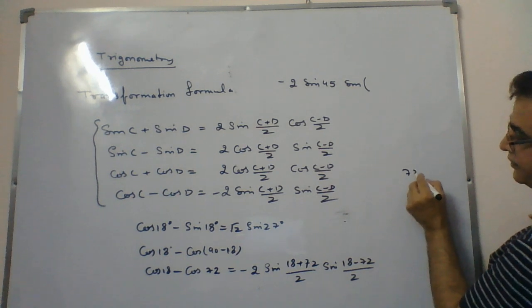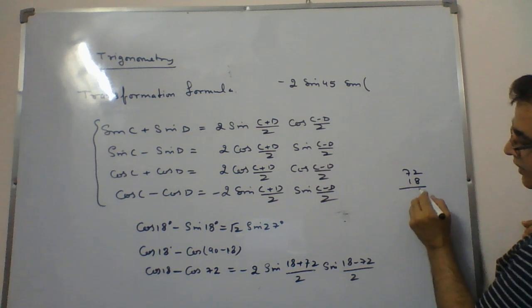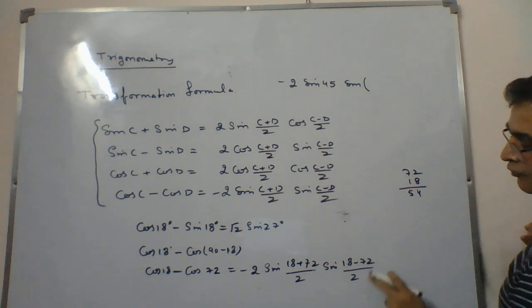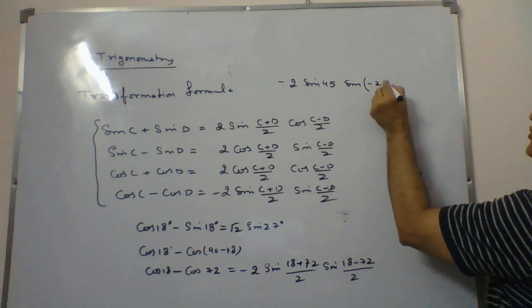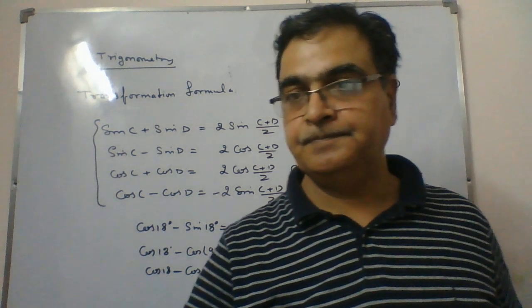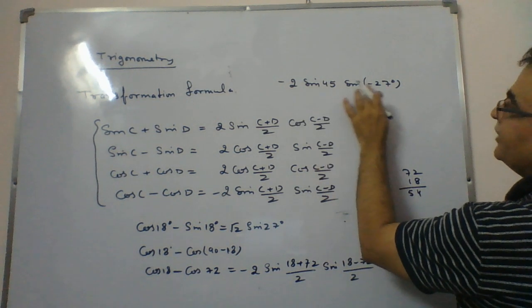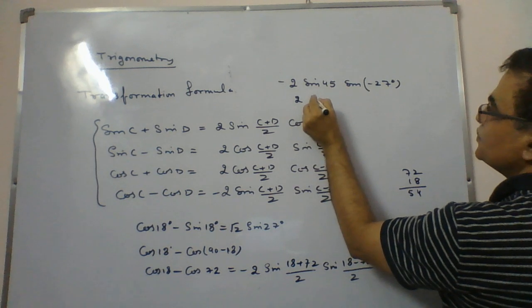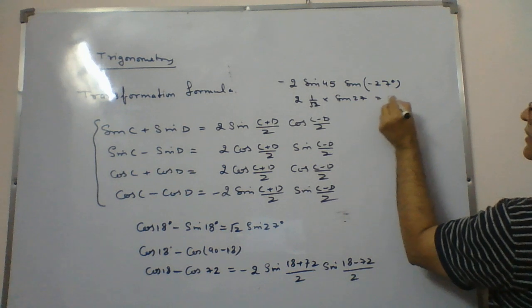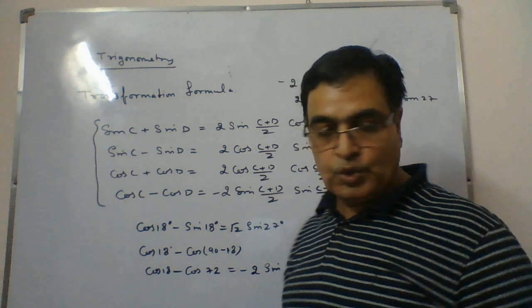When you take the difference of 72 and 18, it comes out to be 54, and 54 by 2 is minus 27 degree. Now sine of minus theta is minus sine theta, so it will come 2 sine 45, that is 1 by root 2, and then sine 27. So it comes to root 2 sine 27, which is the required answer.